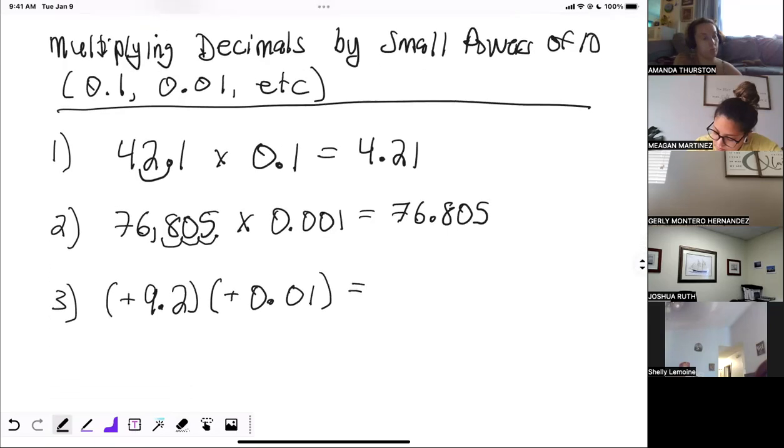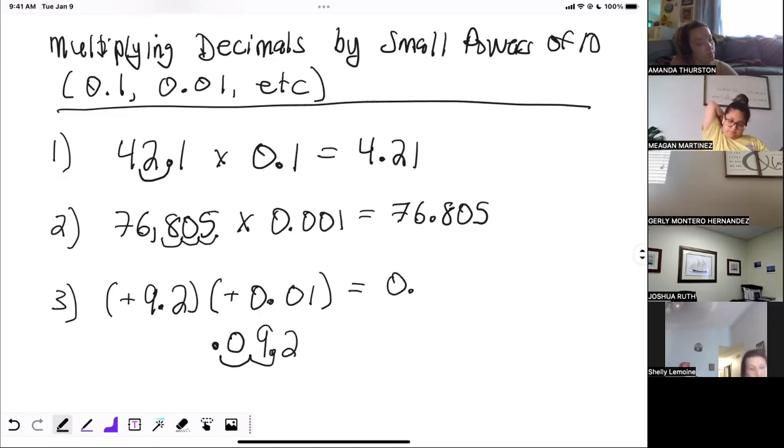Now I'm going down here, my 9.2, because we need to add a 0. I need more room. Okay, so we have 2 decimal places. So I've got to move this 2 decimal places. So I move it to the left, 1, 2, which means I have to add a 0 to the front. So my answer is going to be 0.092, or you could just put .092. They're the same answer.